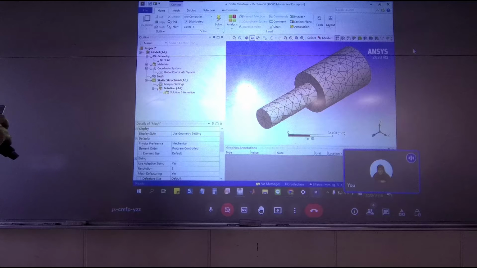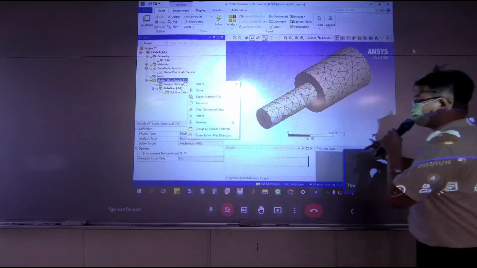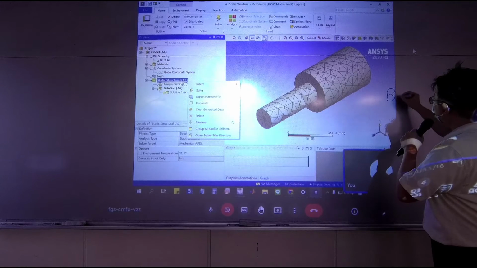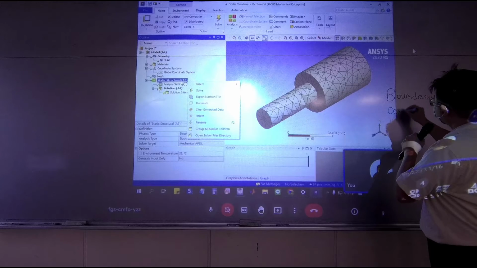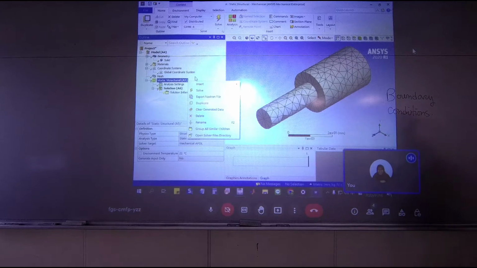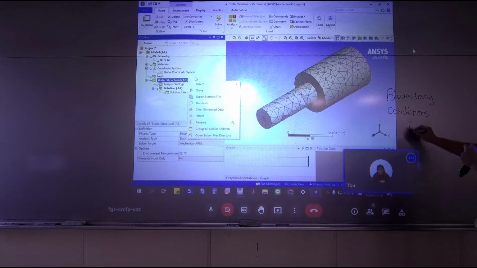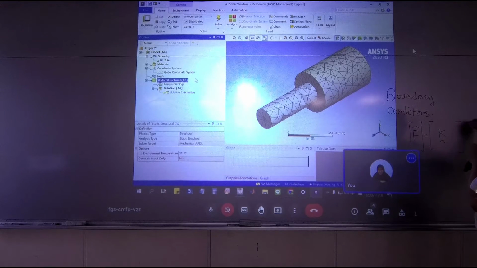Okay. Now the next thing you need to do is to define boundary condition. Hold on. Let me tell them what is boundary condition. Okay, so remember on Monday we talked about F vector, K matrix, and degree of freedom, right?